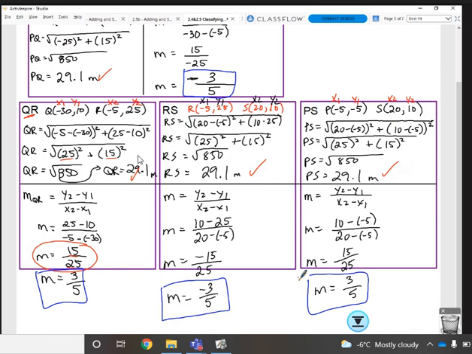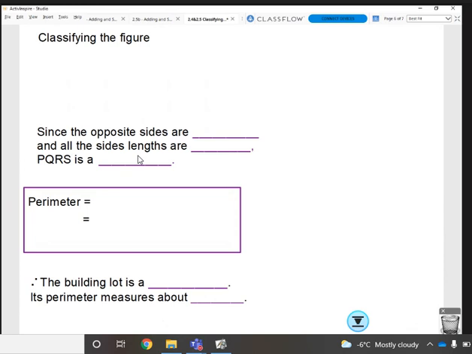So maybe we should write that down. All sides are 29.1 meters in length. So that's the sides. Now the slopes. What do we say?